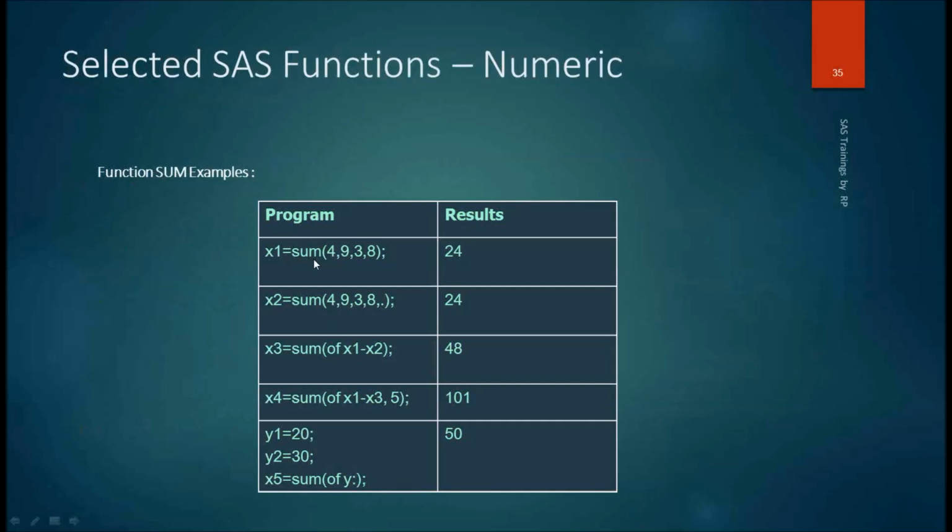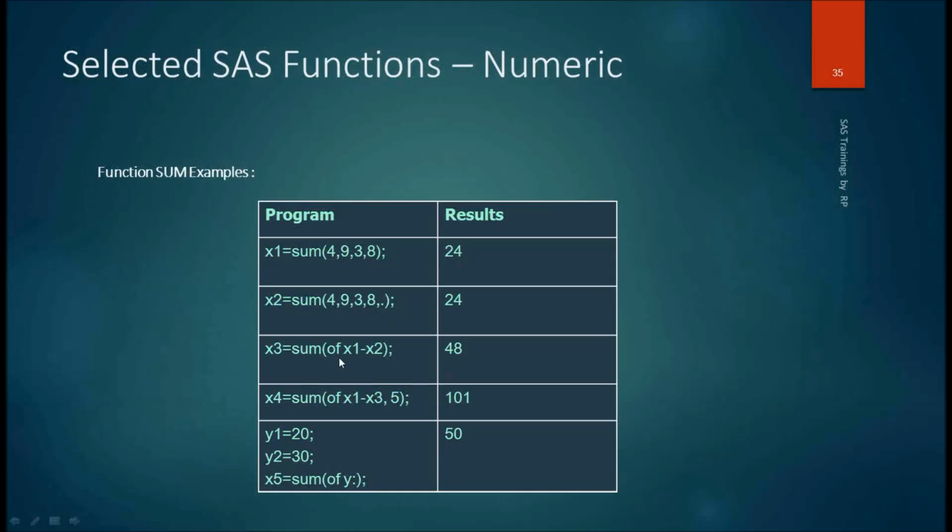I'm using the sum function to create an x1 variable, and it has arguments 4, 9, 3, 8. If you sum this, it will create a value of 24. And like I mentioned, the sum function only considers non-missing values. Here I am passing one missing value, but the sum function cannot consider this missing value and it will give the sum of the non-missing arguments.